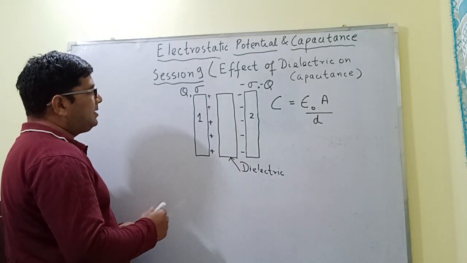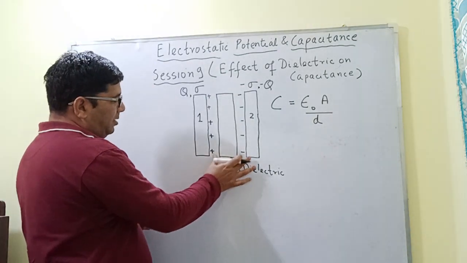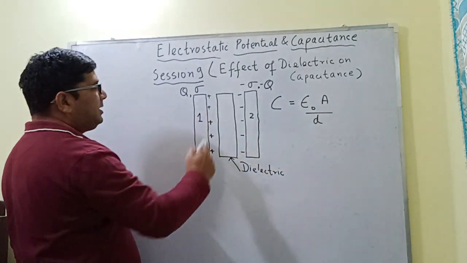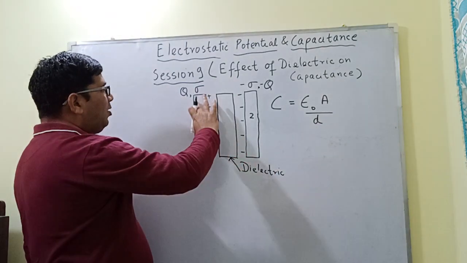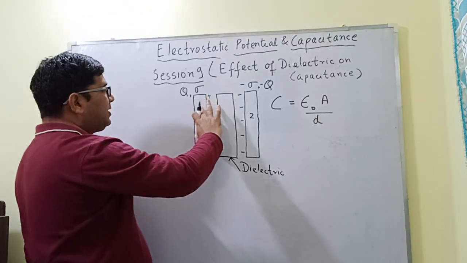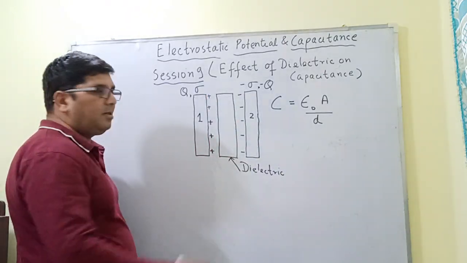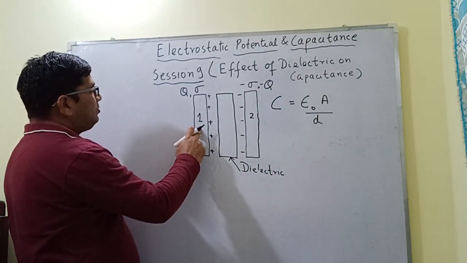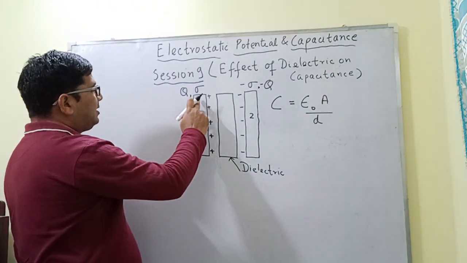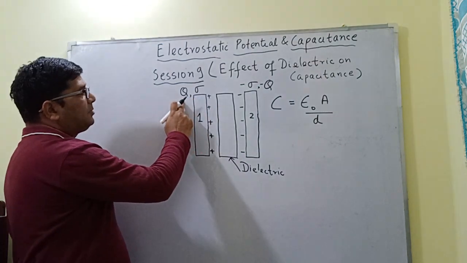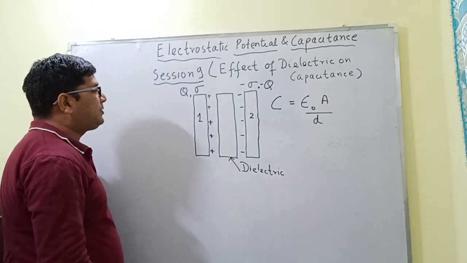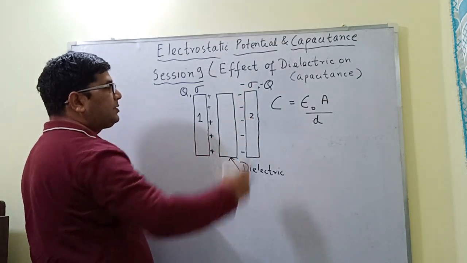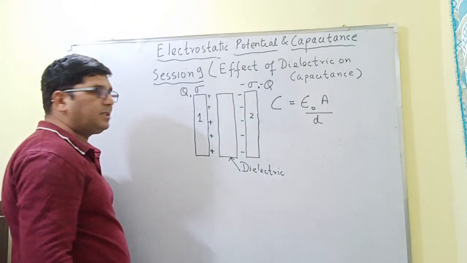These two conductors are placed apart by a certain distance, say d, and the surface area of these two conductors is capital A. Let us assume that the charge on conductor 1 is Q, and the surface charge density is sigma, and the charge on conductor 2 is minus Q, and the surface charge density is minus sigma.